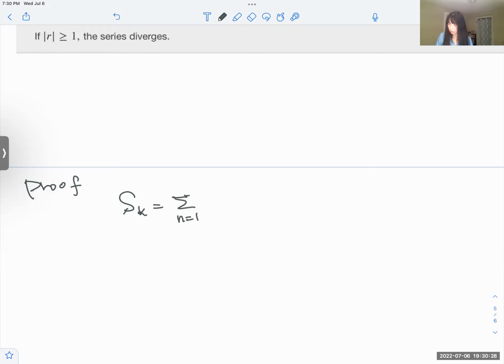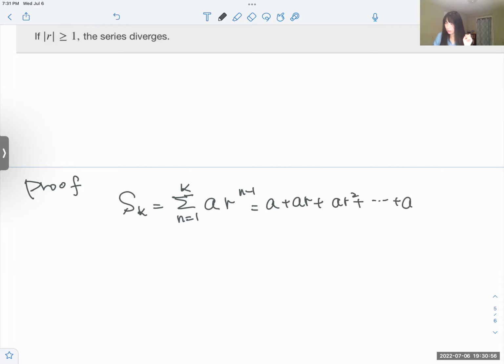Summation n equal to 1 to k of ar to the n minus 1. And this one I'm gonna just rewrite as a sum. So the first one, n equal to 1, so a plus, I don't have to calculate, just rewrite everything, right?